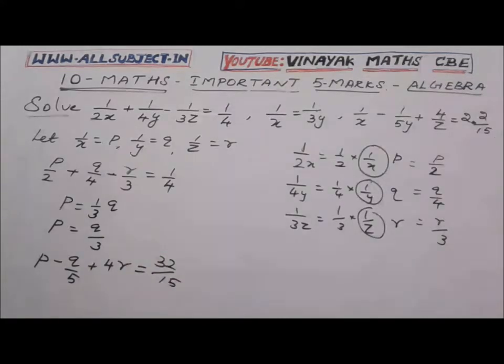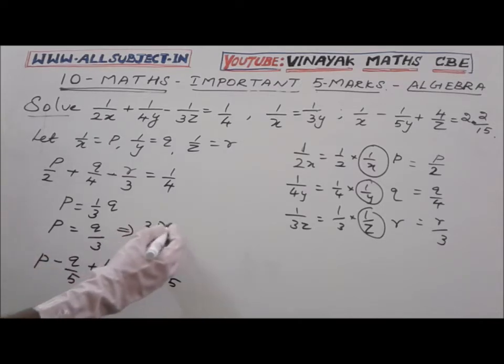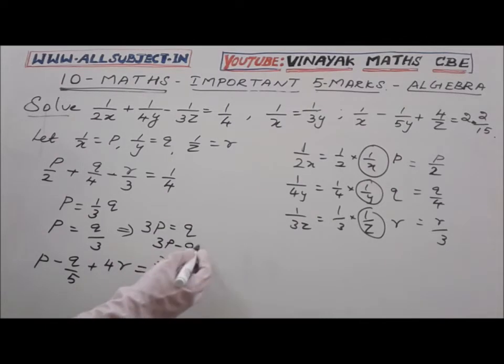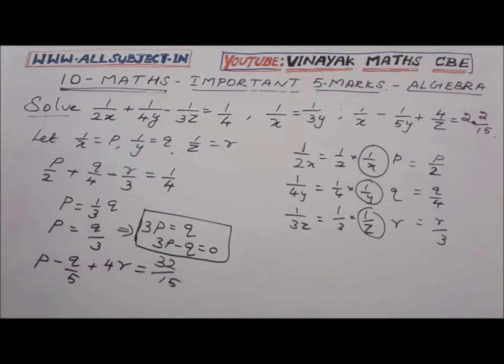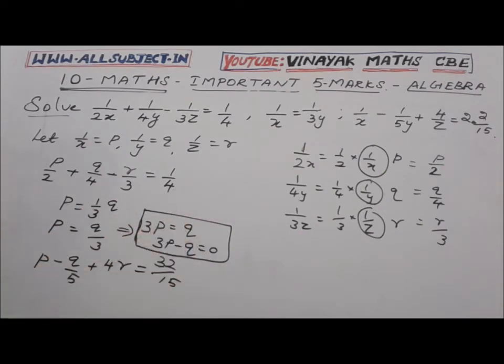Now cross multiply this, which implies 3p equal to q. So 3p minus q equal to 0. Here we have formed one equation, either 3p equal to q or 3p minus q equal to 0.